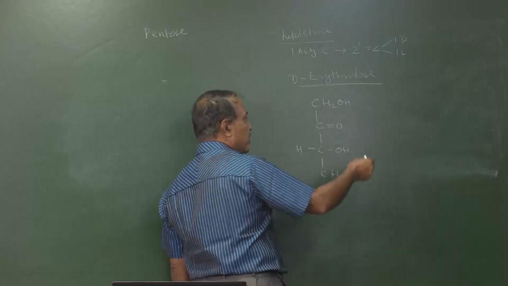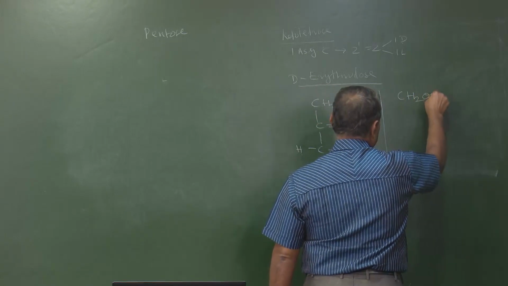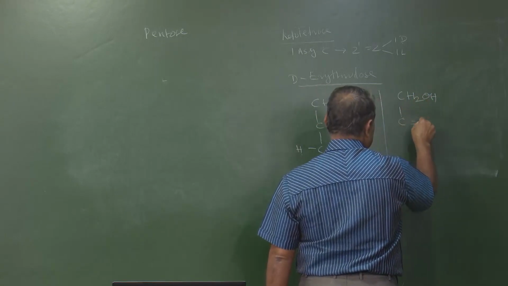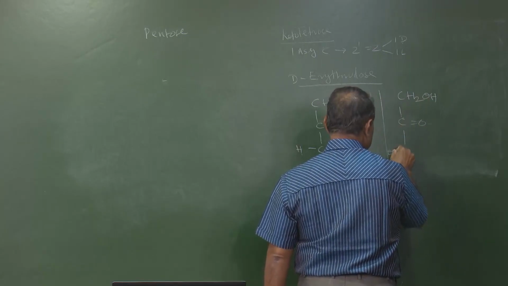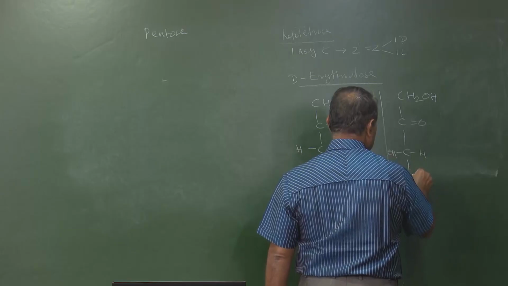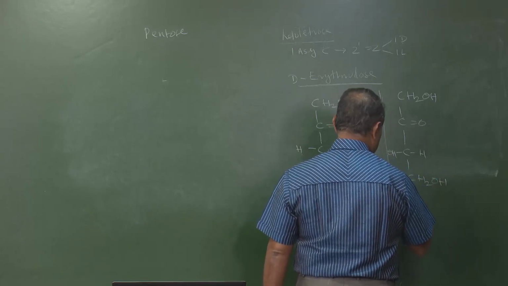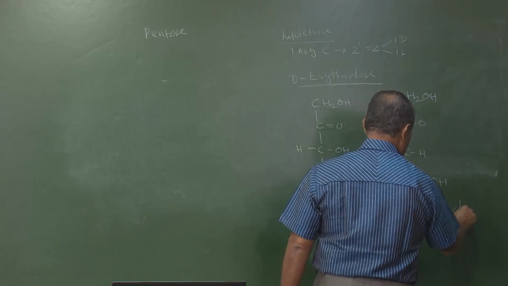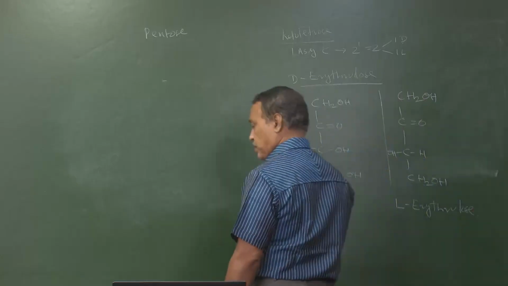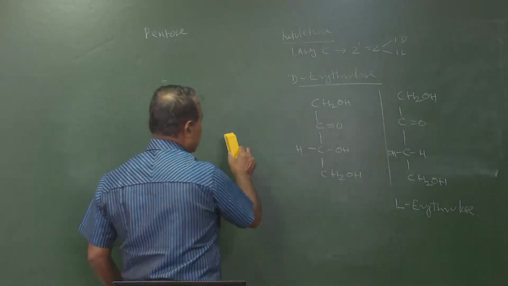Now put a mirror image, then you can get the L-erythrulose. So this is constant, this is also constant. Now this is C, this side OH and H, and CH2OH. So this is your L-erythrulose. Well, we will now go for our pentoses.